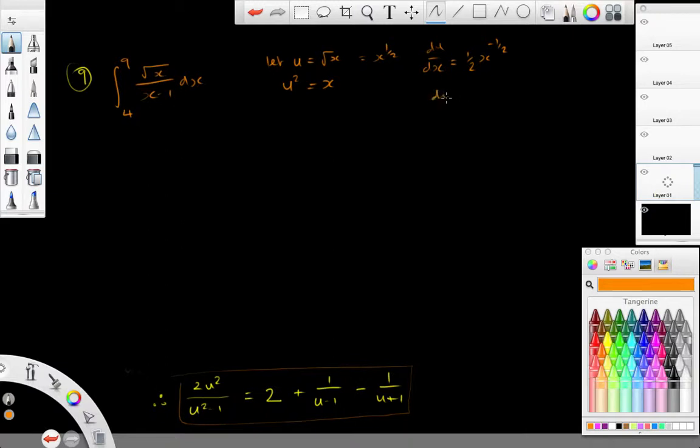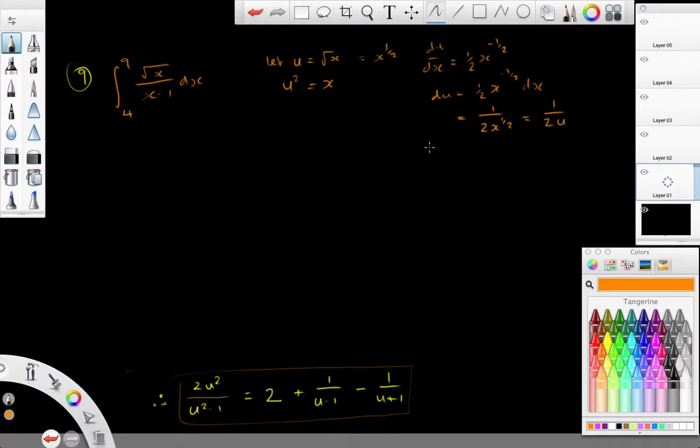Then we can say du must equal a half x to the minus a half dx. If I write that as 1 over 2x to the half, remember that's the same as u equals x to the half, so it's 1 over 2u.